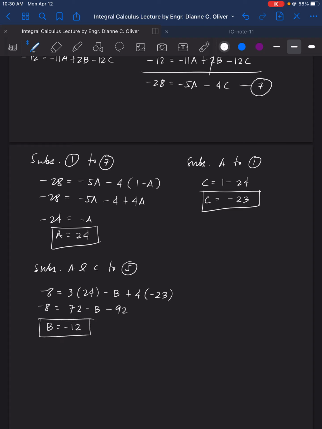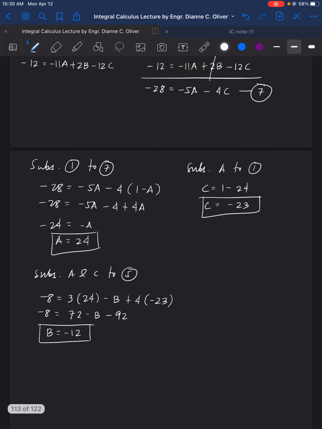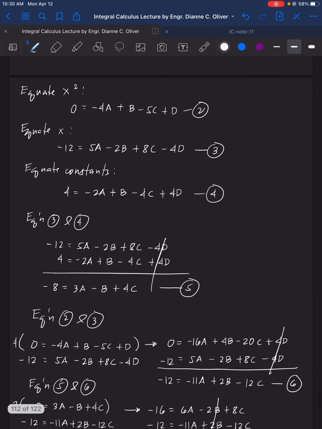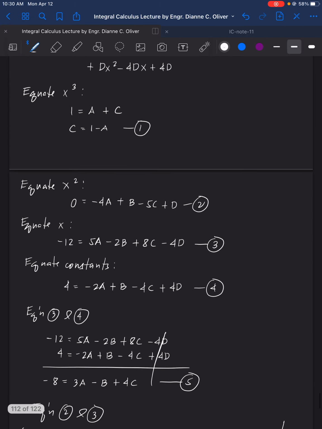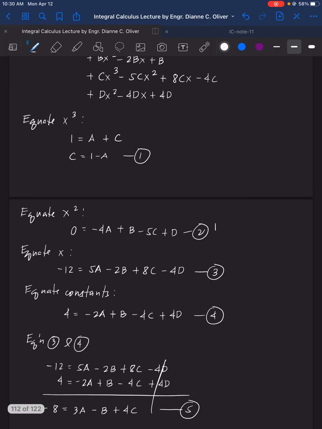Having the values for a, b, and c, we can now choose from the equations with 4 unknowns to substitute these values to get the value for d. So let's find something simpler here. Okay, this one. Let's use equation number 2. It's much simpler, having d only here. So that is 0 equals negative 4a plus b minus 5c plus d.